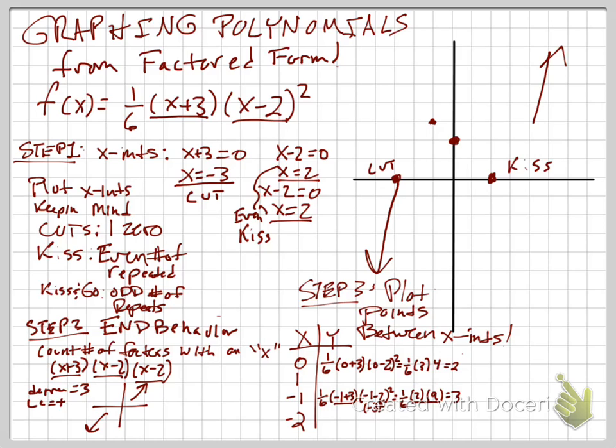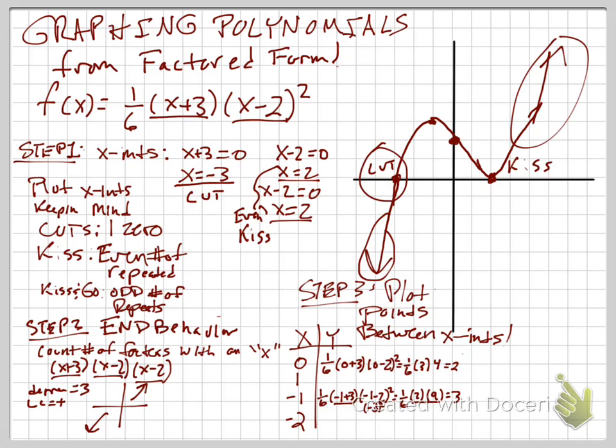What I'm going to do is just kind of make a smooth curve that goes through the points I have plotted and cuts through the graph at negative 3 and is going to go through these coordinates, and I'm going to carefully kiss the x-axis at 2 and then just go with the end behavior. Now granted, will some of these coordinates be off a little bit? Sure. But this gives us a very good idea of what this polynomial looks like without having to plot every single coordinate.